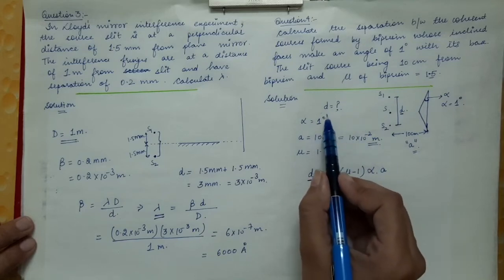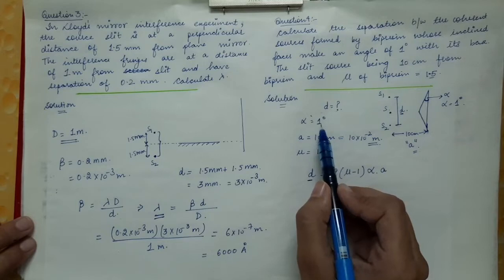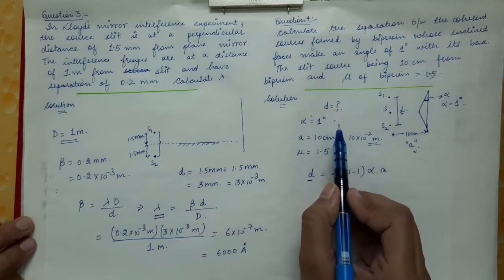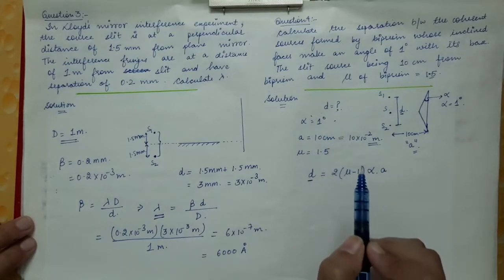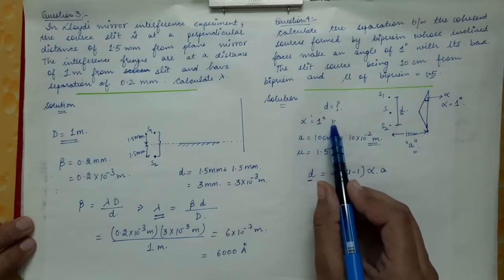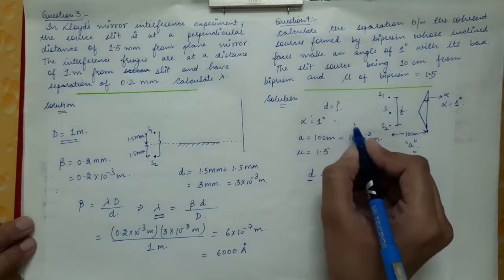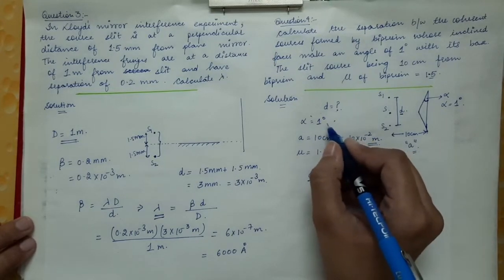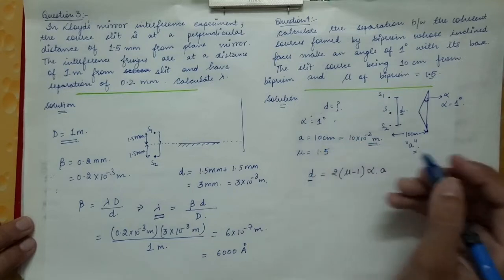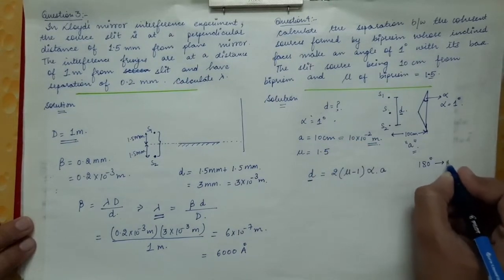You cannot use the value of the angle directly. You have to convert it into radians and only then can you put it in this formula. So we have to find how many radians 1 degree is equal to. Now we know 180 degrees is equal to pi radians.